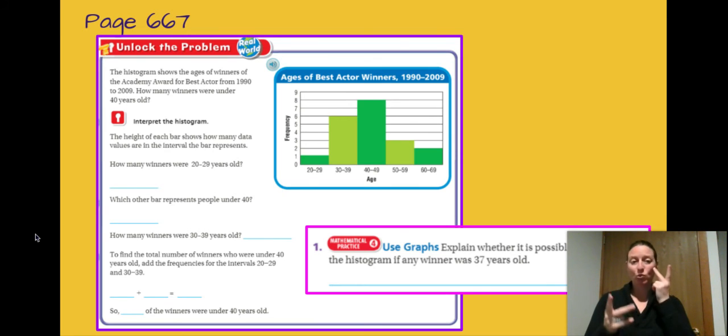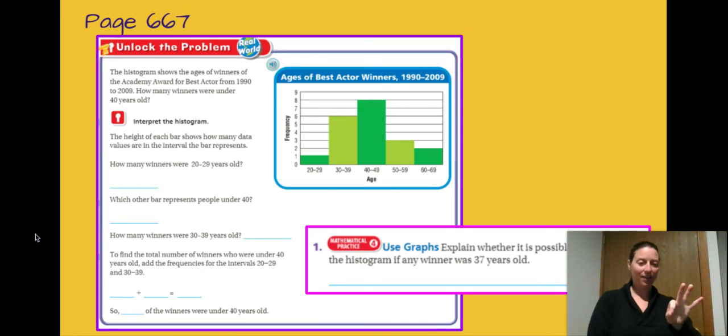As you can see, they have the ages grouped in 9-year intervals. And we've got to look to see which intervals are under 40 years old. So we've got two intervals that are under 40 years old, 20 to 29 and 30 to 39.